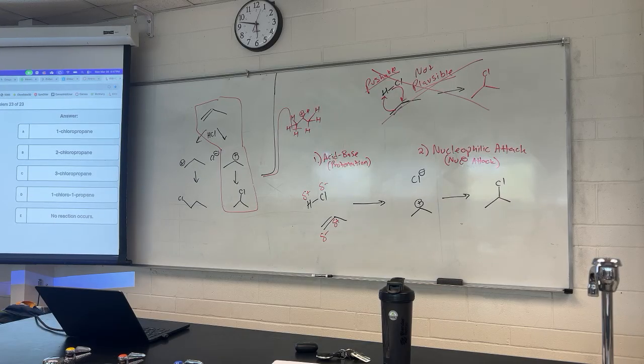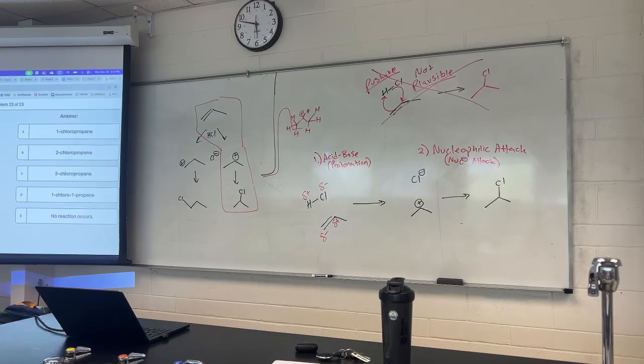So we need to see the HCl bond breaking. I notice your arrow here in the not plausible isn't quite like my arrow. Notice how my arrow starts at the bond, not the atom. Even though it's not plausible, it's still following our rules, which is it starts at an electron source.